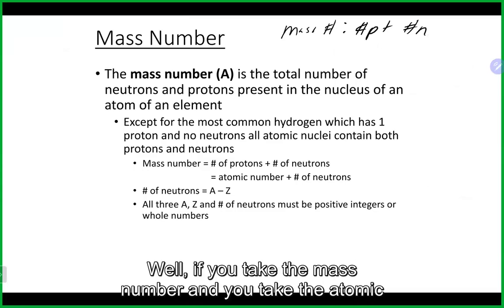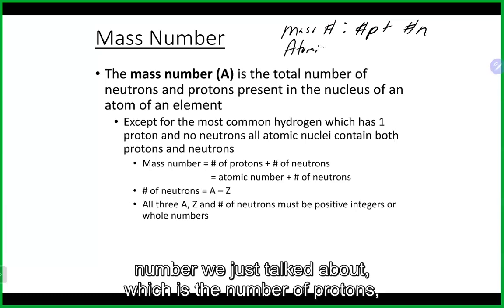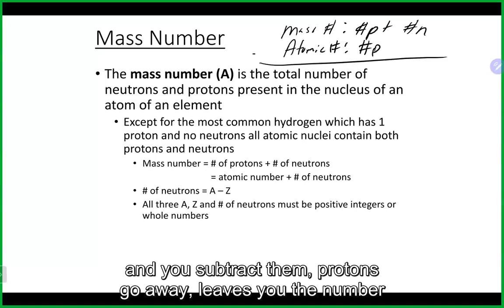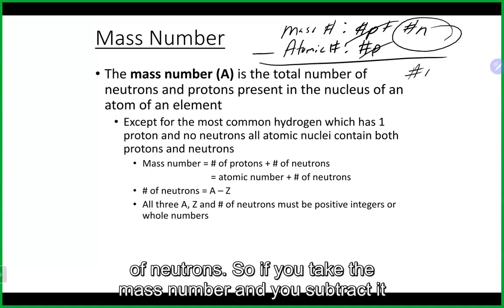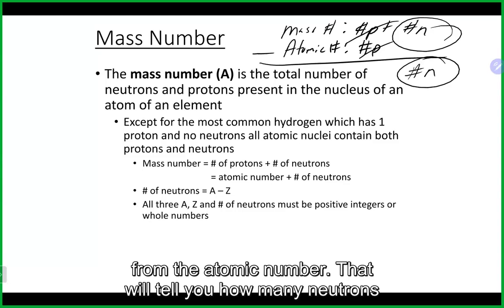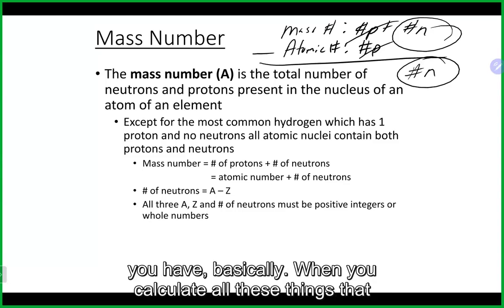Well, if you take the mass number and the atomic number we just talked about, which is the number of protons, and you subtract them, protons go away, leaving you the number of neutrons. So if you subtract the atomic number from the mass number, that will tell you how many neutrons you have, basically.